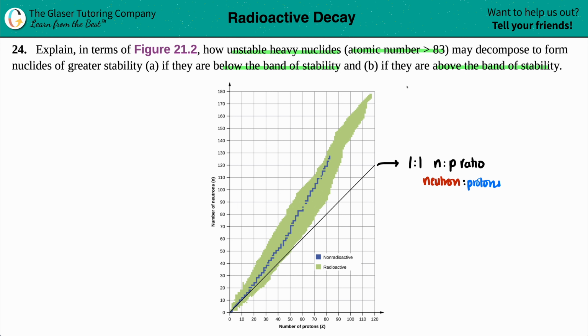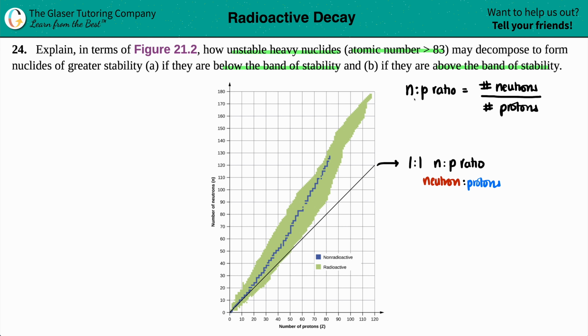Just know that your NP ratio will basically be your number of neutrons divided by the number of protons. This is a good skill to know: anytime you're dealing with a ratio and they say something dot dot something, that first thing is always the numerator.